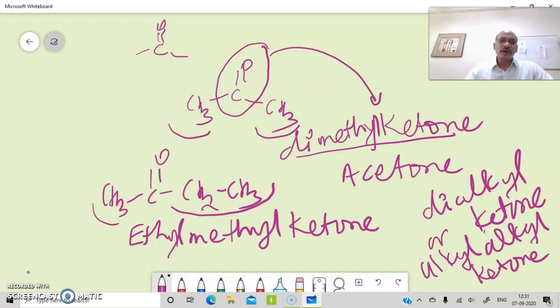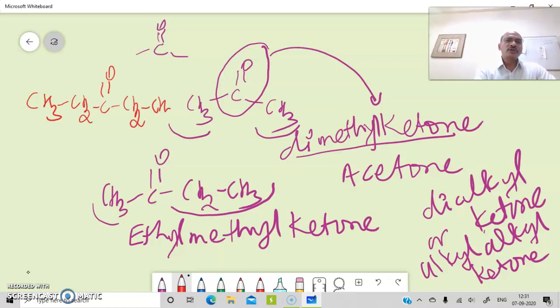Then we will proceed with a few more examples. Think about this molecule: CH3, CH2, C double bond O and again CH2, CH3. Definitely you will identify this molecule as ketone. So you will write it as ketone.